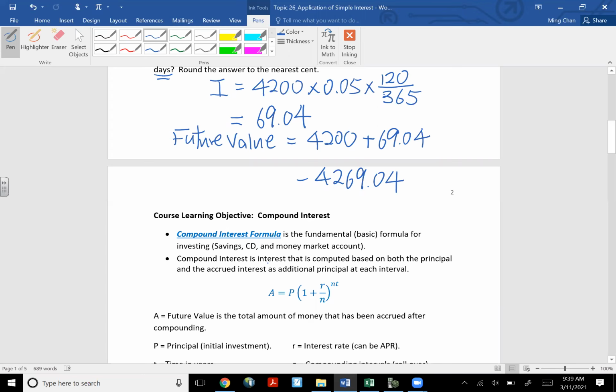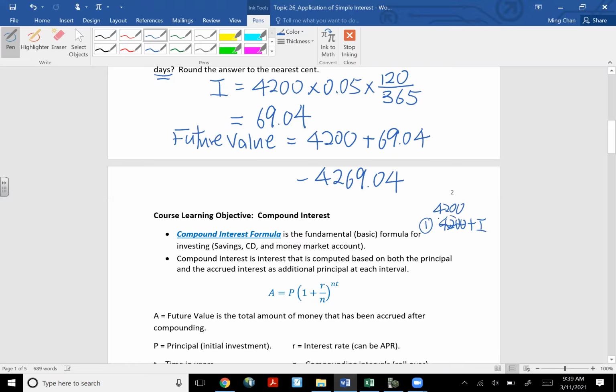All right. Compound interest is interest that is computed based on both the principal and the accrued interest as additional principal at each interval. What I mean is, let's say we have this $4,200. At the end of the first year, you will have so much money in here, which is the 4,200 plus the interest you earned.